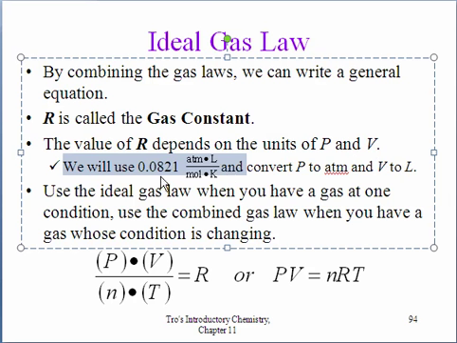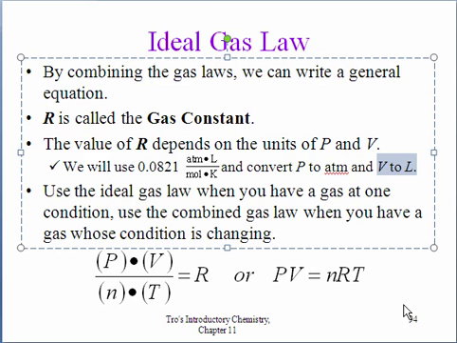So to keep things simple, we're always going to use this numerical value for R, and we will always, if necessary, convert our pressure to ATM and our volume to liters. Units are going to be very important, and we're going to have to take the time to make sure all of our units cancel out when we do an ideal gas law problem.